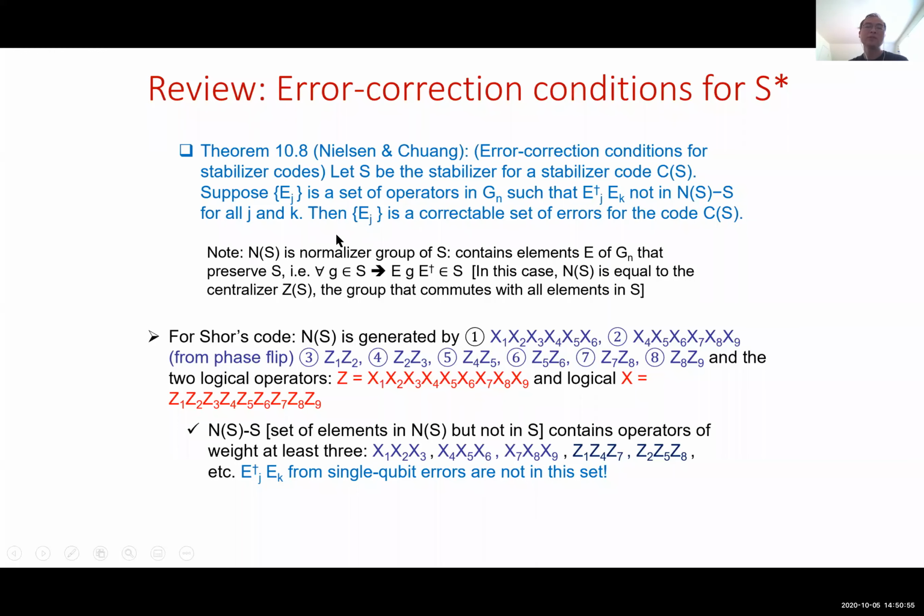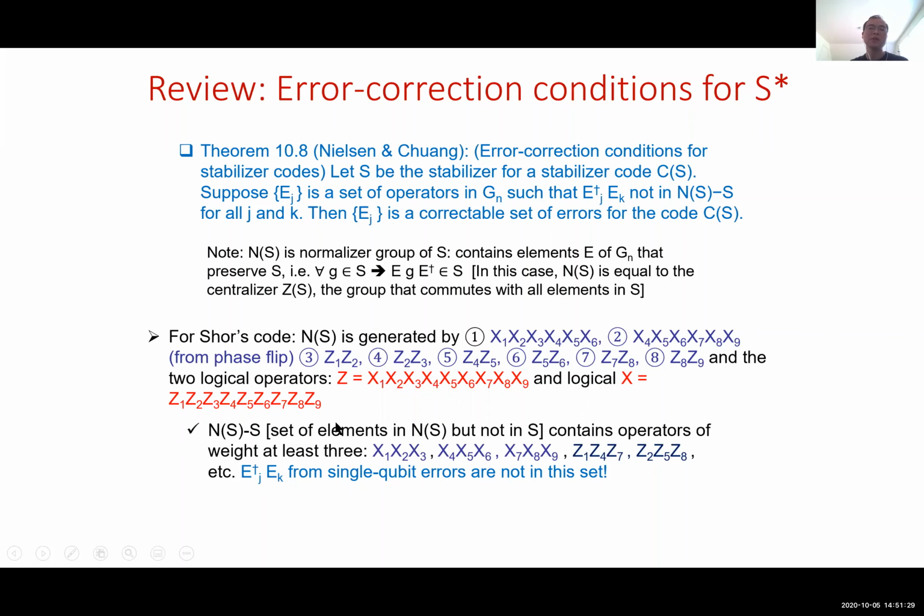The condition is that if this combination, which we also had in the previous condition, E_J dagger E_K, is not in this set, then it's correctable. So we know that these are 1-qubit errors. At most, this product can only have 2 non-trivial Pauli elements, and these have 3, so definitely this is not in this set.